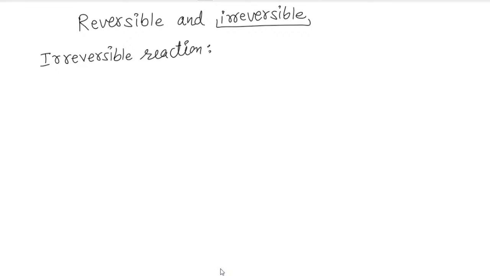So, irreversible reaction means which takes place only in one direction. That means reactant is converted into product, means the chemical reaction which proceeds in such a way that reactants are completely converted into products. That is the reaction which moves in one direction, that is forward only.